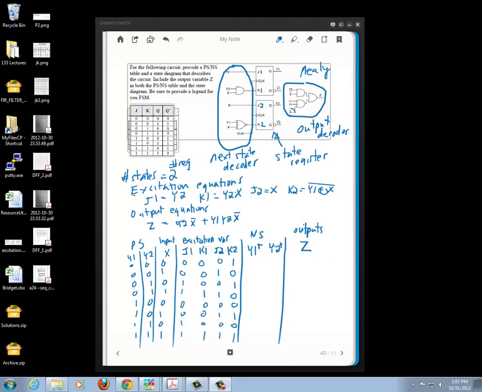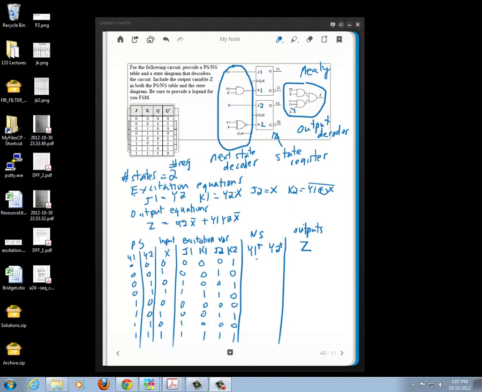Now to determine the next state, we need to look at the excitation variables and the present state. Remember in a JK flip-flop, if both J and K are 0, that means we hold. I put up the characteristic table of a JK flip-flop right here to remind you that when J and K are both 0, Q next state gets whatever Q is.